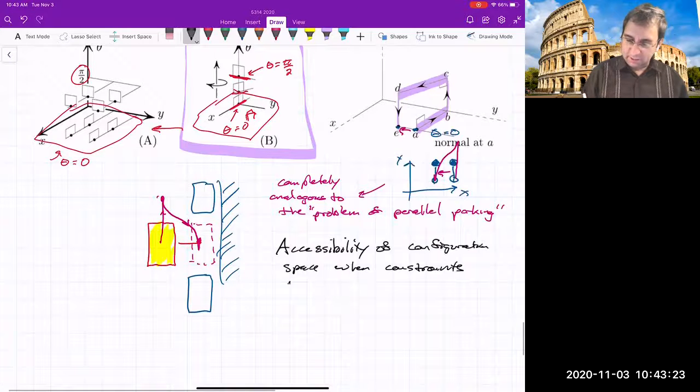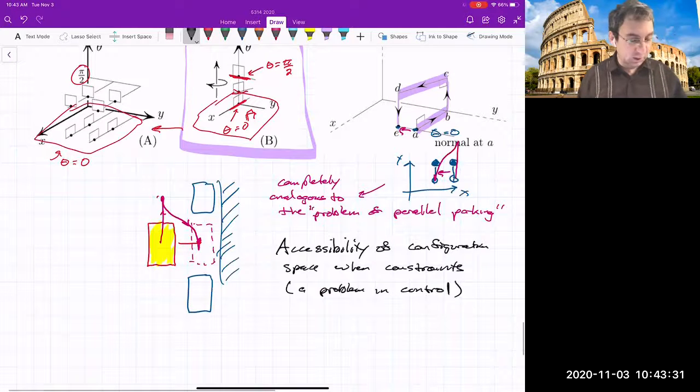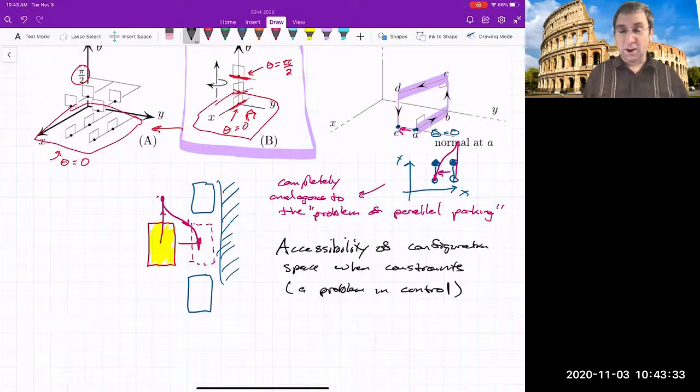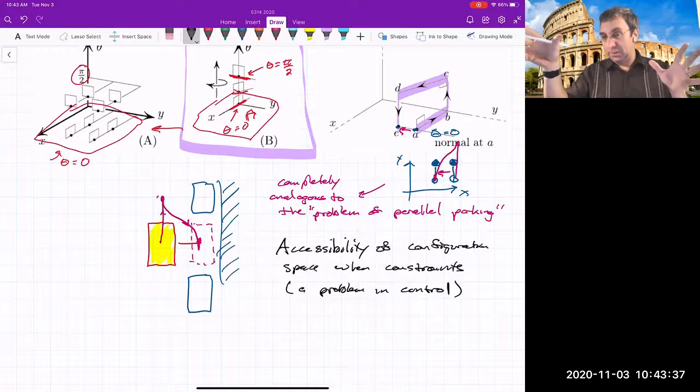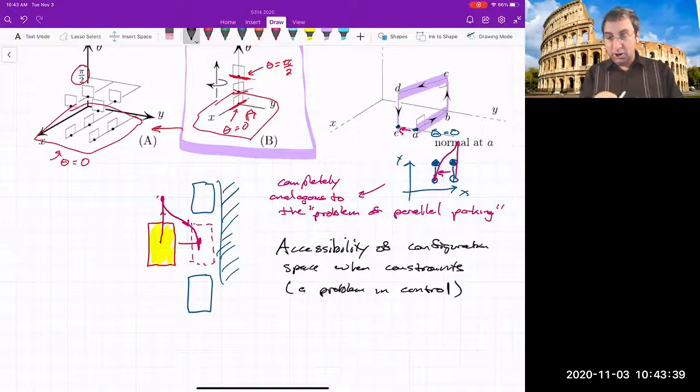This is often a problem in control. I think there are situations where, depending on your initial condition, only certain parts of configuration space are available. For the case of the car or the baton, I think every location and orientation is possible to reach from any other initial condition, as long as you do it right.